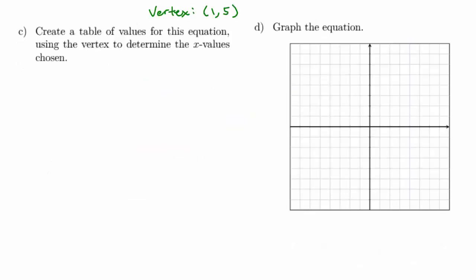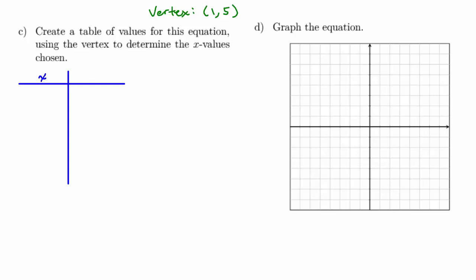Now we're ready to create a table of values for this equation, and we'll use the vertex to determine the x values in our table. So let's make a quick table. And we know that there's symmetry around the vertex, so we're going to make that x value of the vertex the middle of this table.